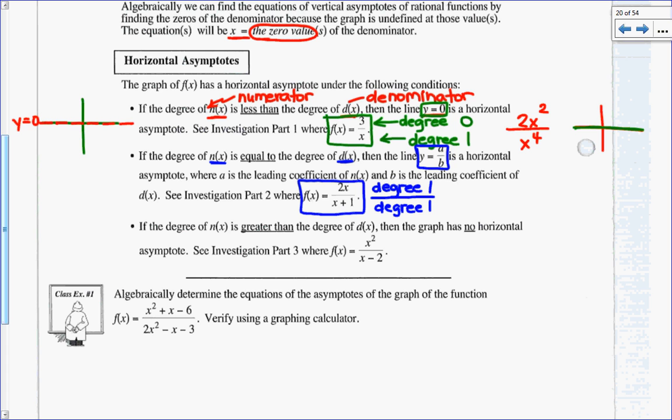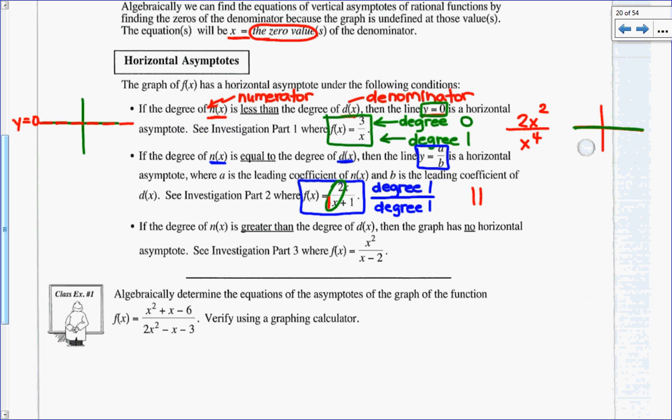So if you ever have a polynomial on top that has the same degree as the polynomial on the bottom, then the way you find out what your horizontal asymptote is, you would take your A, which is 2, over your B, which is really 1x, so it's 1.